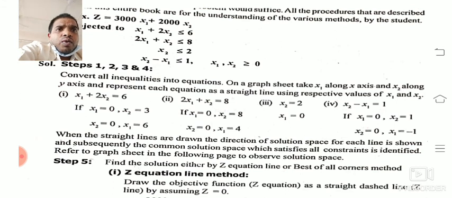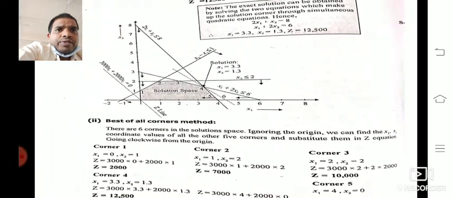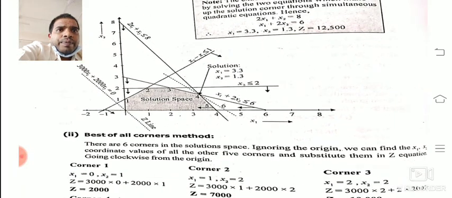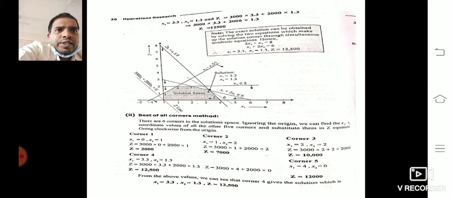Next, go directly to the graph. Here it is the graph, with x1 along the x-axis and x2 along the y-axis. Now take down what the first constraint says: x1 is 6, x2 is 3.